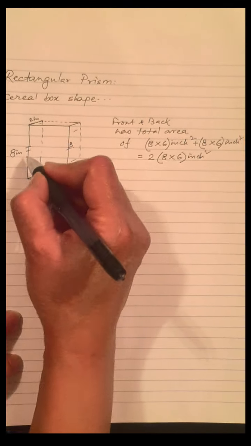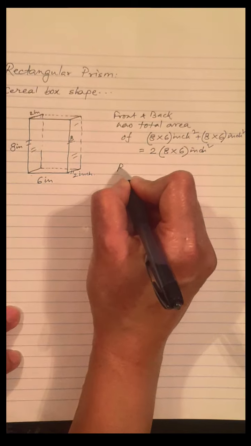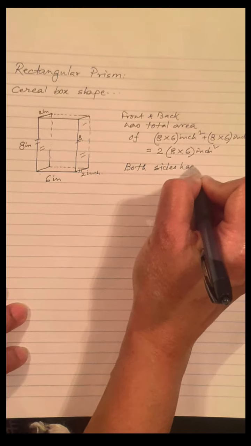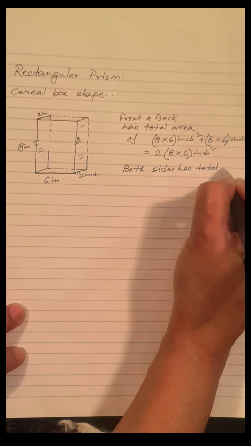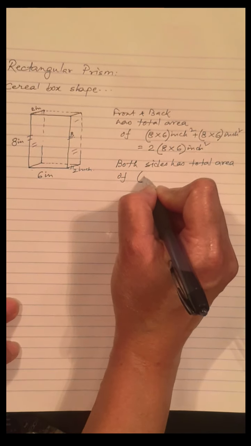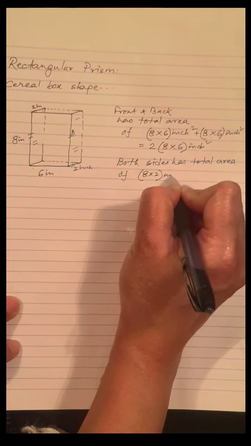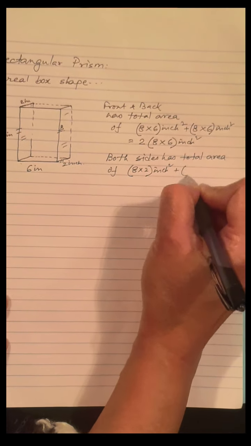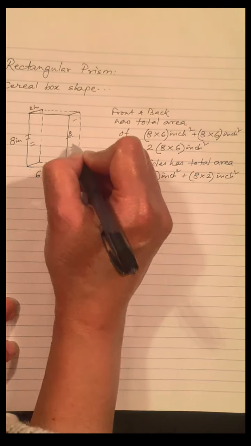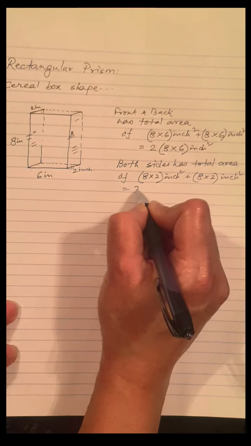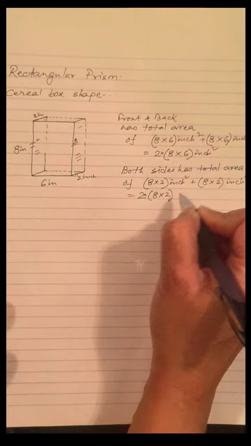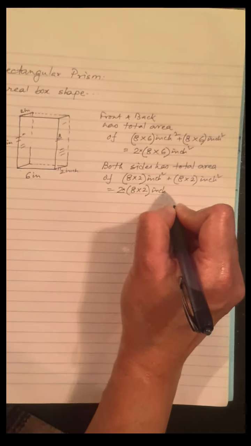And the side, this side and this side, both sides has total area of 8 times 2 inches square plus 8 times 2 inches square. So that is 2 times 8 times 2 inches square.